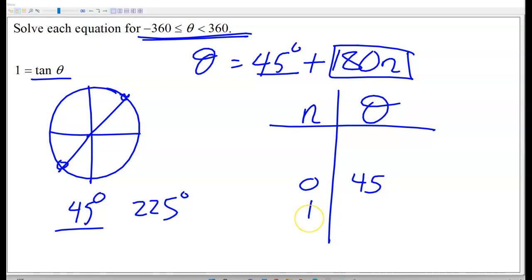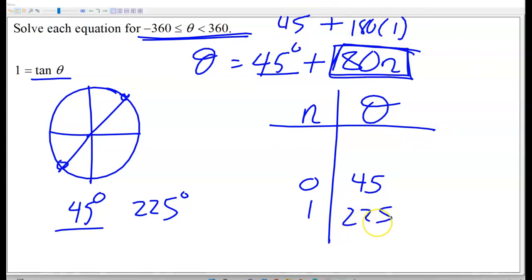Let's go ahead and plug in 1 for n. So that's 180 times 1 plus 45. Let's see what that comes out to. So 180 times 1 plus 45 is 225.